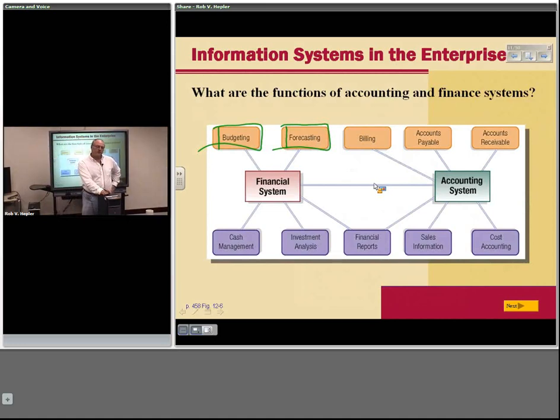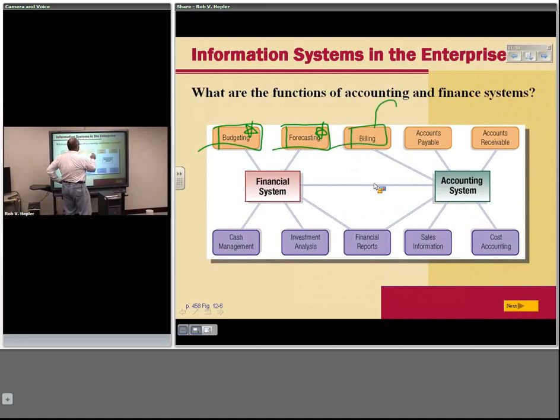Once the forecast is in place, upper management tells you whether you can actually get that budget, and if you can't, you got to pare it back. But at some point, you actually produce a budget. And then what you can do as the time goes on, the enterprise system can tell you whether you're on budget, over budget, under budget. And then you can figure out why by looking at the forecast, look at the history, and so forth.